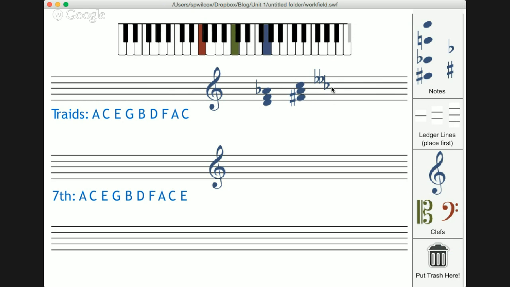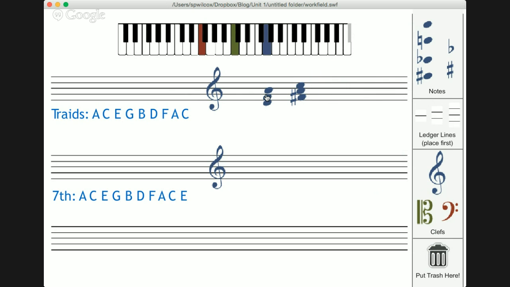Okay, let's clear some of these away. A little too strange. Let's see if we can turn this D triad into a D augmented triad, and this F sharp triad into an F sharp augmented triad.